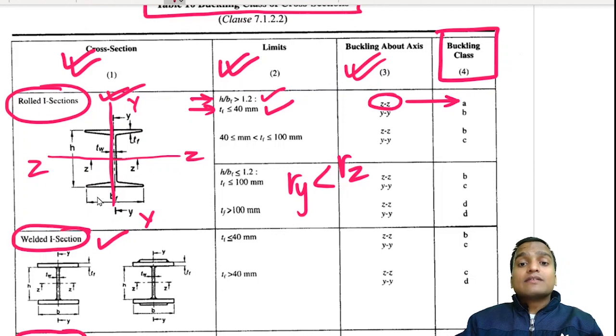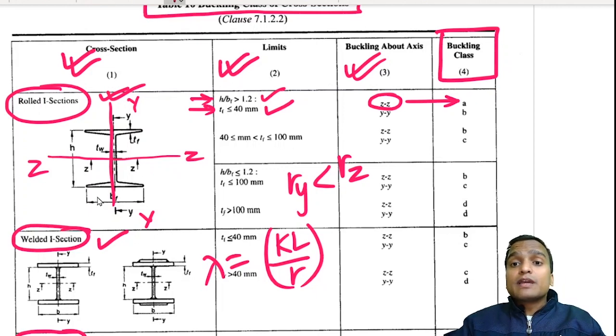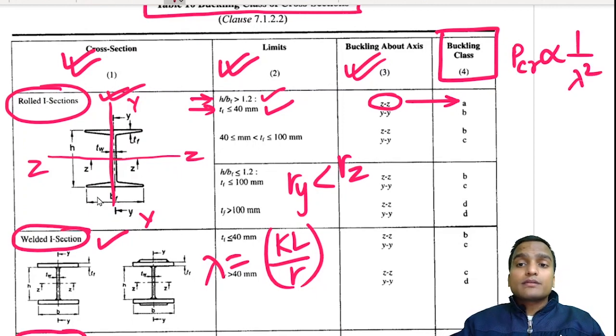And for getting the slenderness ratio, KL by R, this is the value of my slenderness ratio, and we know that buckling strength depends on this value of lambda. Buckling strength will be minimum when the lambda value is maximum, because we have seen that PCR was inversely proportional to lambda square. So if the value of lambda increases, PCR will decrease.